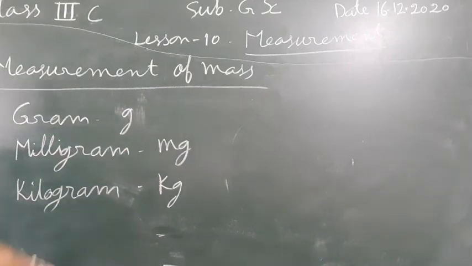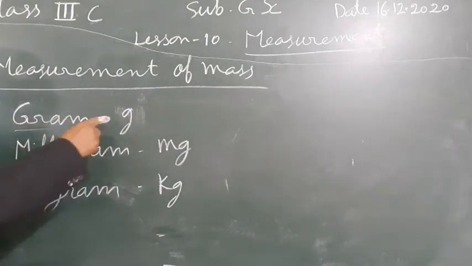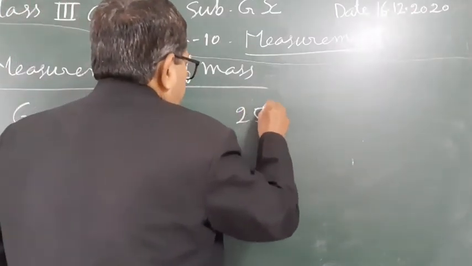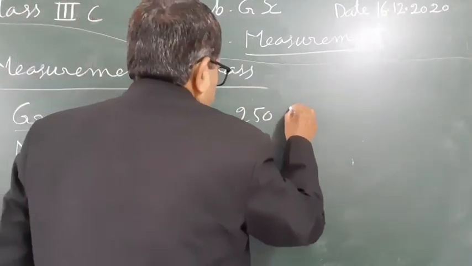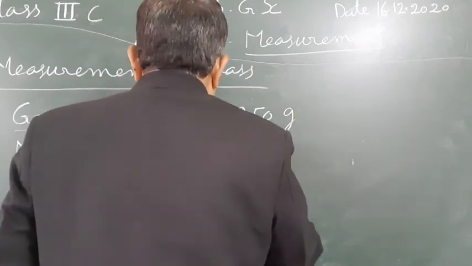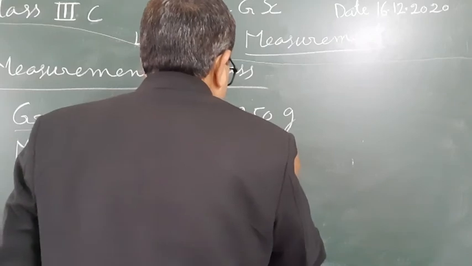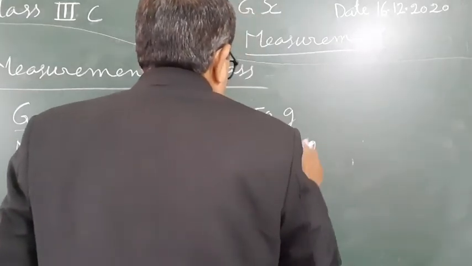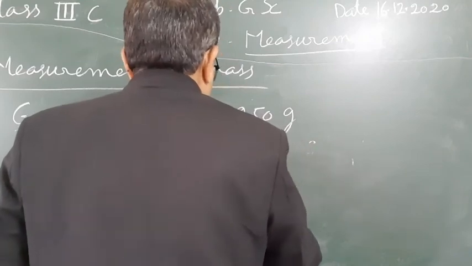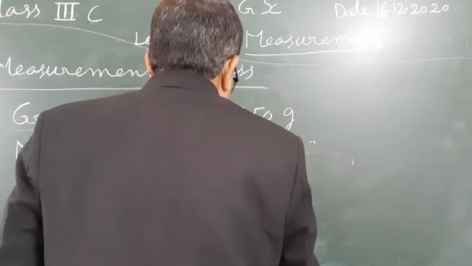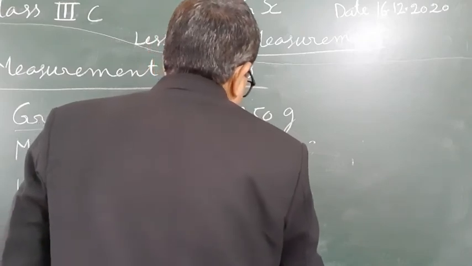We are not writing completely as gram. Simply, we write 250 g and 5 mg, and 2 kg.